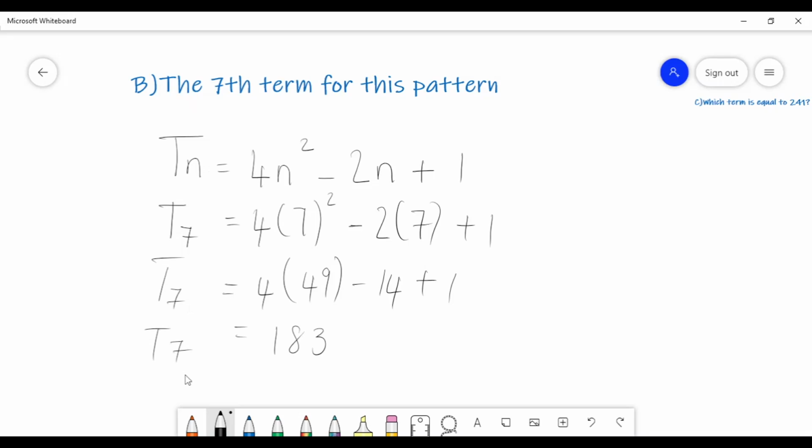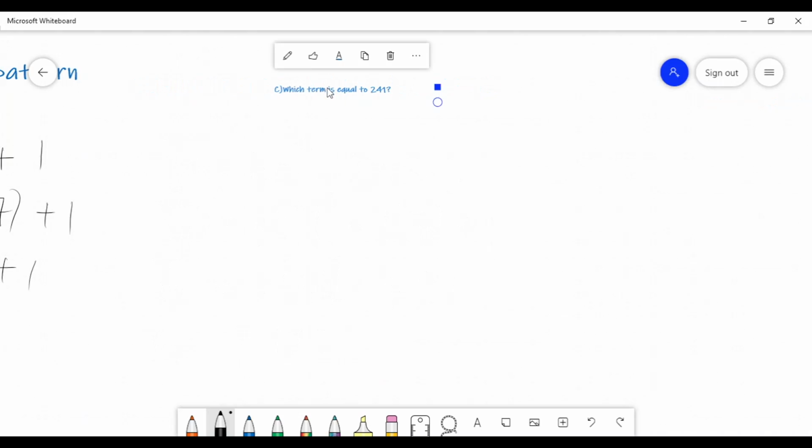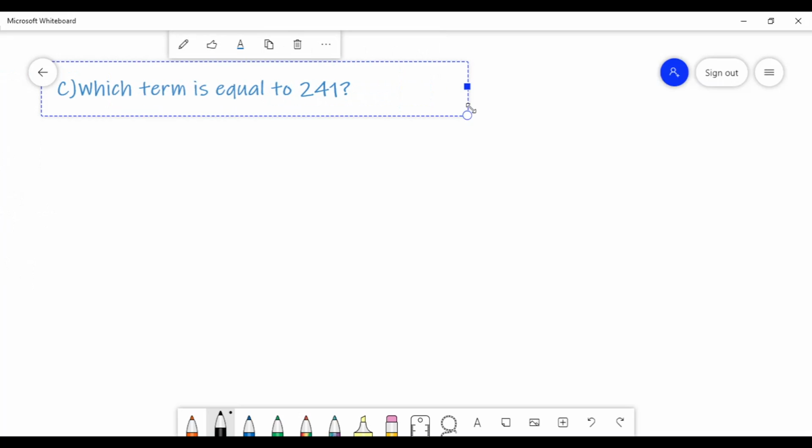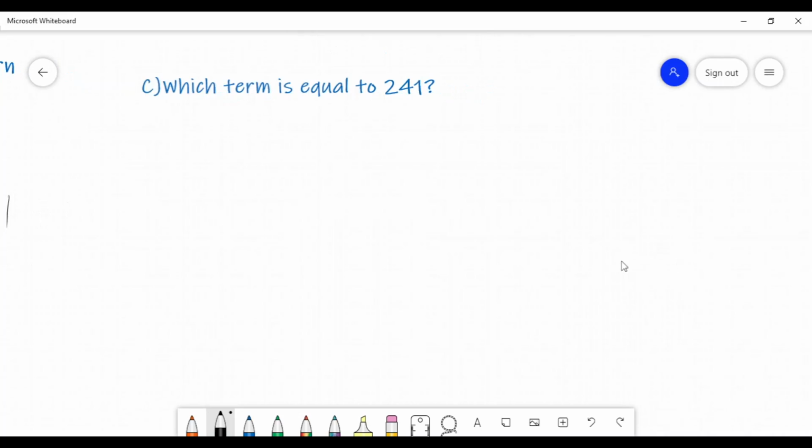Okay, guys, so this is easy marks once you've got your formula on lockdown. Moving on, now we need to determine which term is equal to 241 on our sequence. With all these questions, you always need to rewrite the equations so that you don't make a mistake.